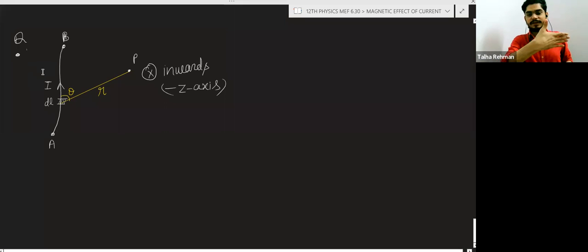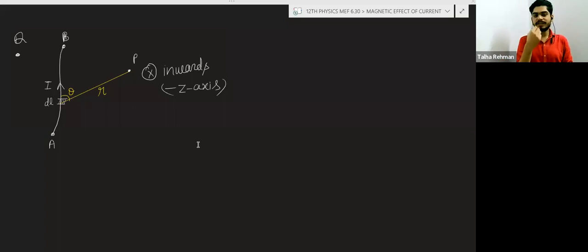Just take your right hand, okay, and this time the point is here. So your thumb should be in the direction of the current, and your fingers towards the point where you want to calculate the magnetic field, and curl your fingers 90 degrees.